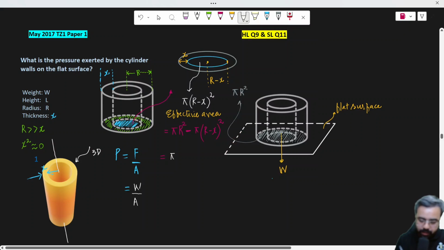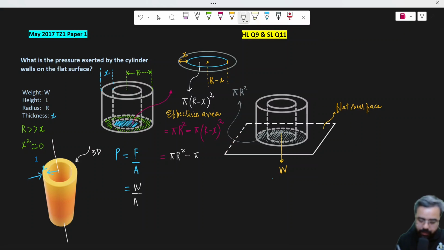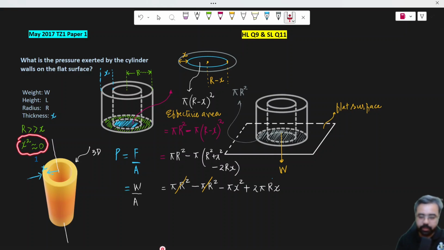So it is pi r square minus pi into r square plus x square minus 2rx. Opening the brackets: pi r square minus pi r square minus pi x square plus 2 pi r x. Now we can cancel out pi r square with pi r square. And secondly, remember that x is comparably very small, so its square is almost negligible, and we can make it almost zero.